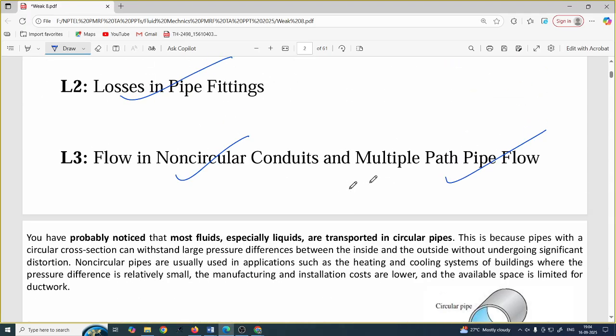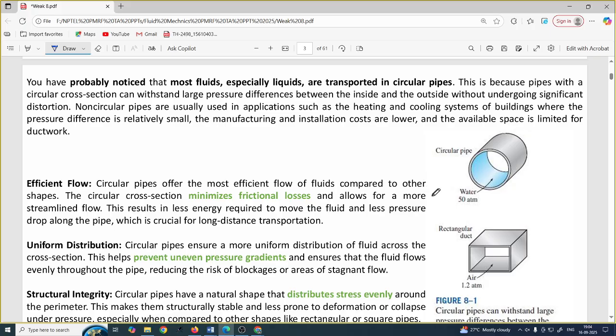So actually we have discussed a lot of questions regarding this in the application of the Bernoulli's, but here we are going to focus more specifically on the pipe flow. As we have seen, in most cases the liquid flows in the circular pipe. Why is it not in the rectangular duct?